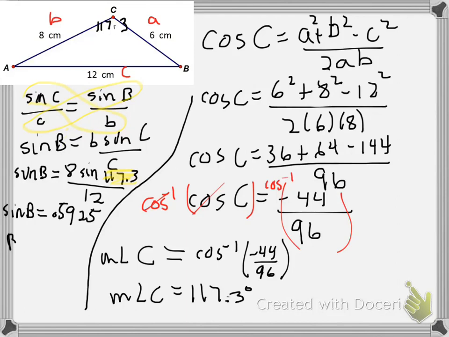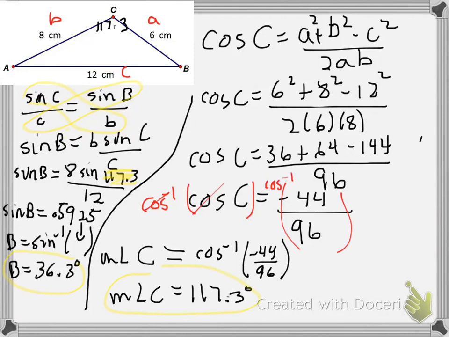So B is the arc sine of this right here. I don't have room to write it in. So I type that in the calculator, second arc sine, second answer. The answer is listed above. And I'll get B is 36.3 degrees. So I've got this angle here, I've got this angle here.